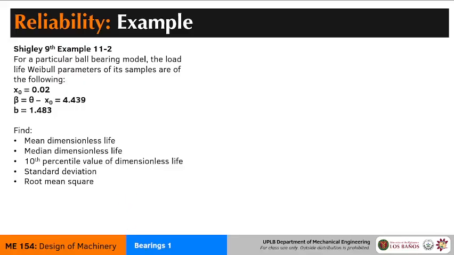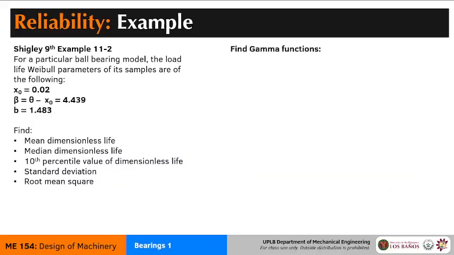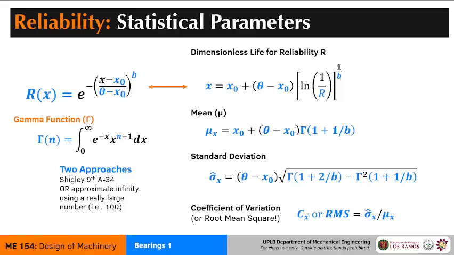Okay, so where do we start? The first thing we need to do is look at our statistical parameters. There's a gamma here, and there's another gamma here. We look for our gamma function results. Fortunately, we only need two gamma results: one for 1 plus 1 over b, and one for 1 plus 2 over b.